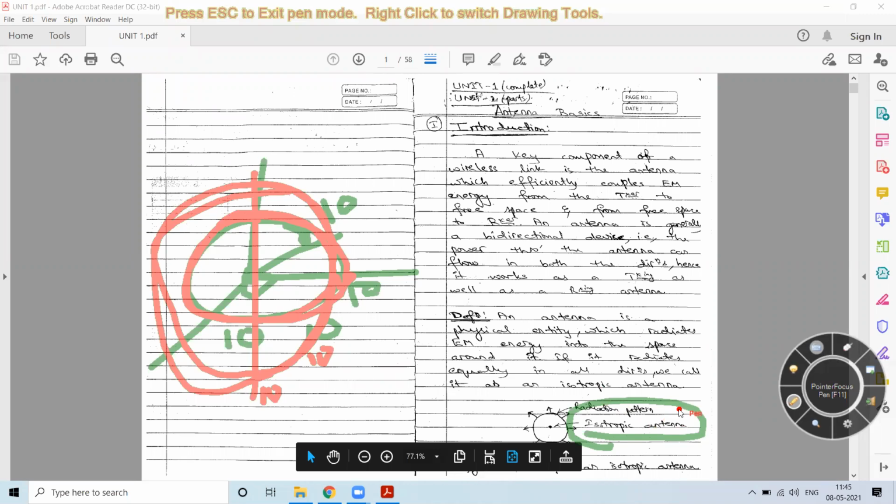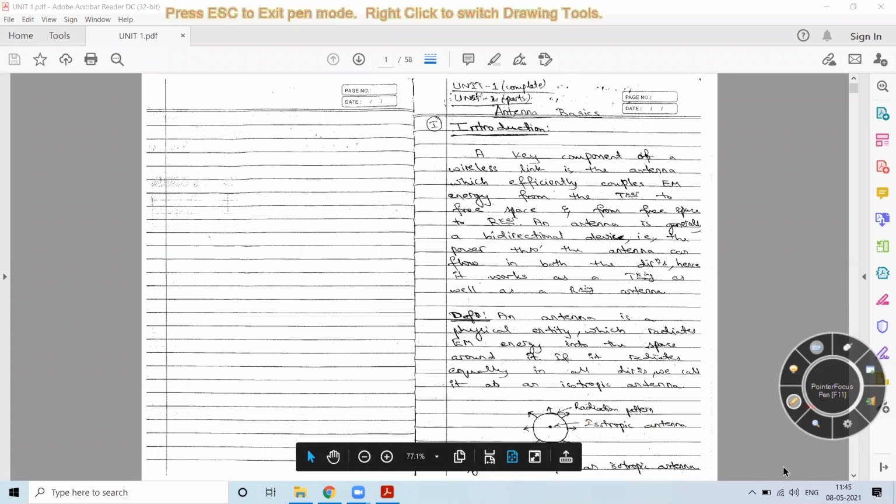So an isotropic antenna will have a radiation pattern which is spherical in shape, and in two dimensions it is circular in shape, in both azimuth and elevation.